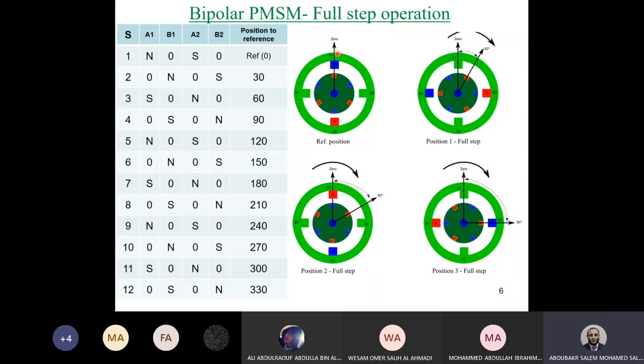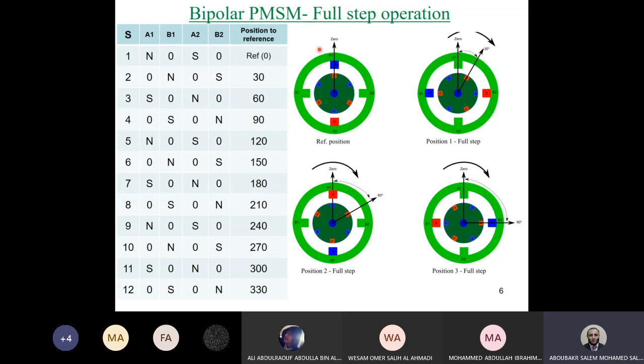So if A1 is N, the polarity at A2 has to be S. And if we reverse the current in coil number 1, we expect A1 to be S and A2 to be N. So at the same pole A1, the polarity can be N or S. For that we call it a bipolar stepper motor.